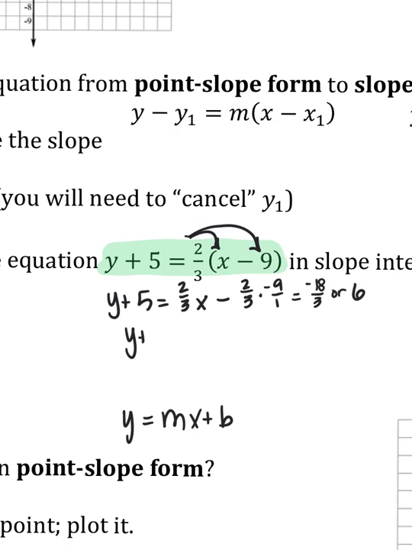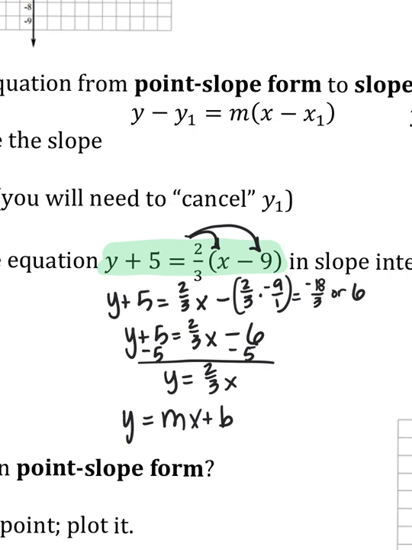So let's rewrite that. Y plus 5 equals 2/3 x minus 6, because I got that from here, from multiplying. And then I'm just going to subtract 5 from both sides. So y equals 2/3 x minus 11.